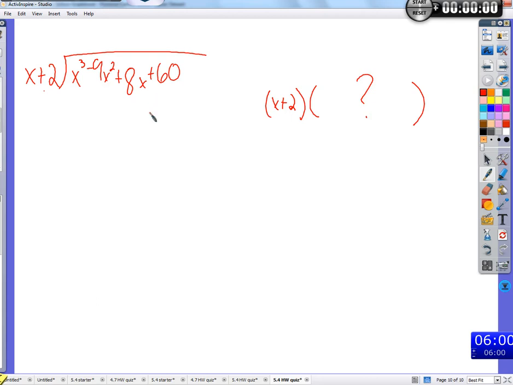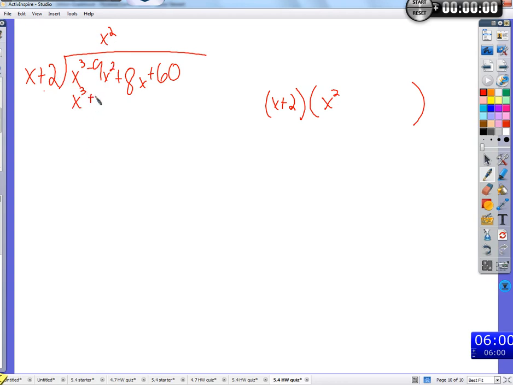So we put it together little by little, and so we start with x cubed. How are we going to get x cubed? So this first thing is going to be an x squared, because x squared times x is x cubed. Perfect, that's what we wanted.